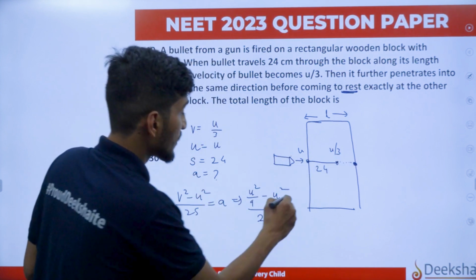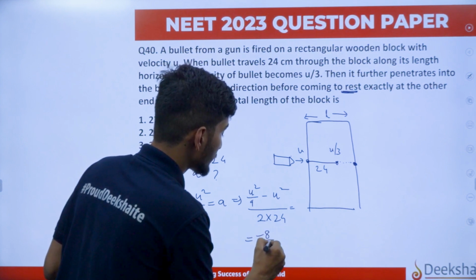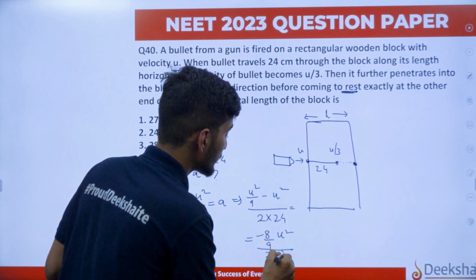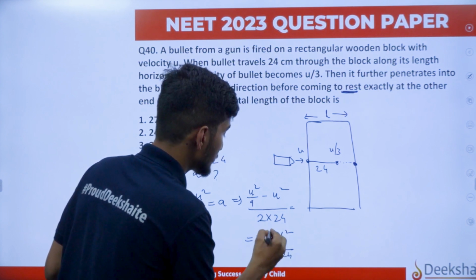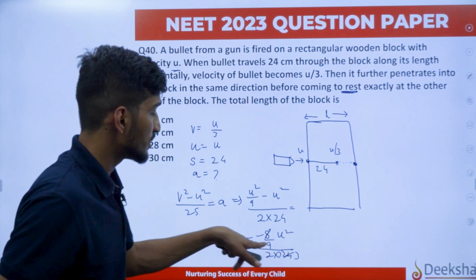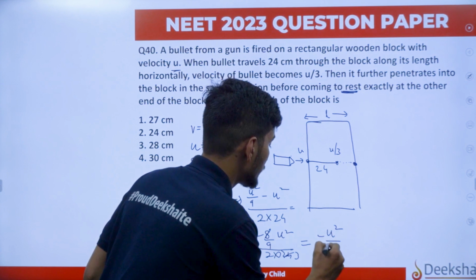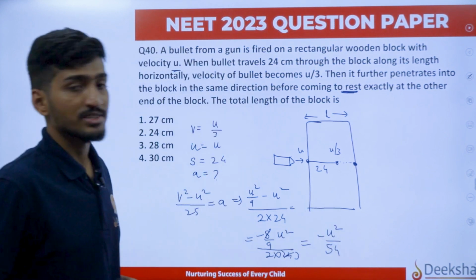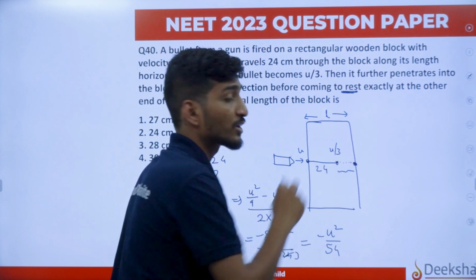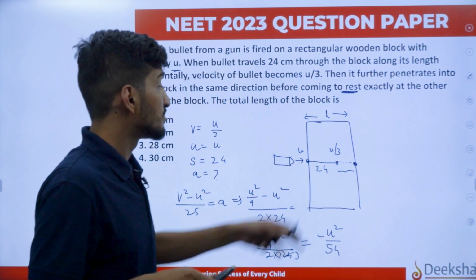So this value is now minus 8 by 9 u square by 2 into 24. So I can just write this as 3, 9, 2, 3, that's 18 into 3, 54, minus u square by 54 as my acceleration. Now I'm going to use this acceleration value in this part of the journey because it's going to be same, and find out whatever is required, the distance.